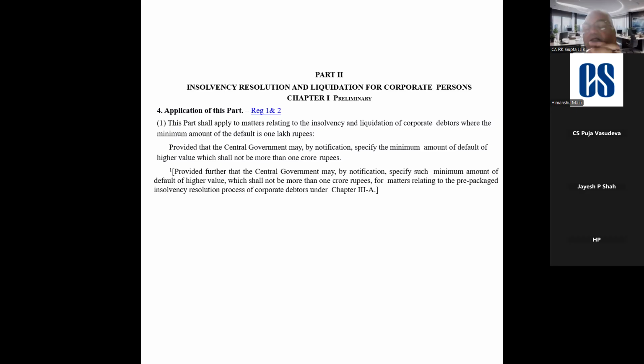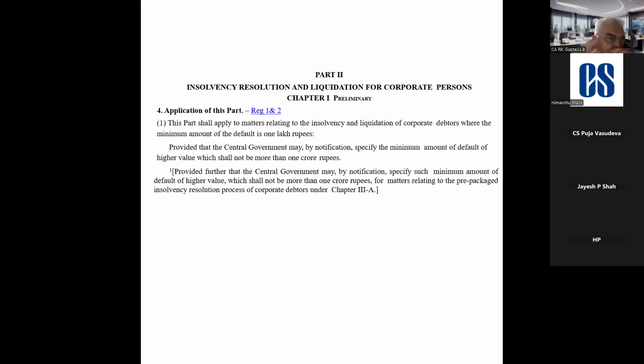So basically, there are 3 types of insolvency resolution for corporate persons: normal CIRP, fast track CIRP, and the prepack process. These are the 3 processes aimed at insolvency resolution of corporate persons when they have incurred a default.